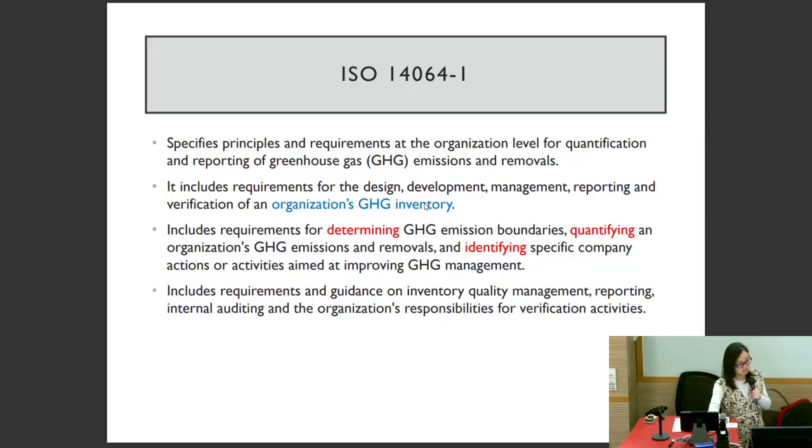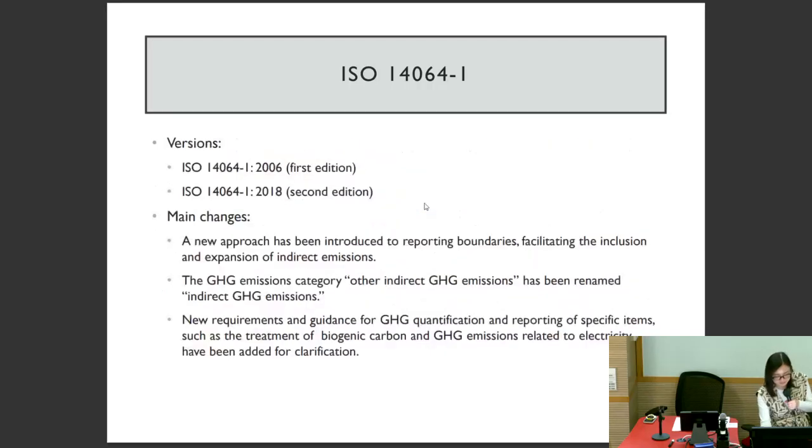And the standard includes requirements for determining greenhouse gas emissions boundary, quantifying an organization's greenhouse gas emissions and removals, and identifying specific company actions and activities aimed at improving greenhouse gas management. It also includes requirements and guidance on inventory quality management, reporting, internal auditing, and the organization's responsibility for verification activities.